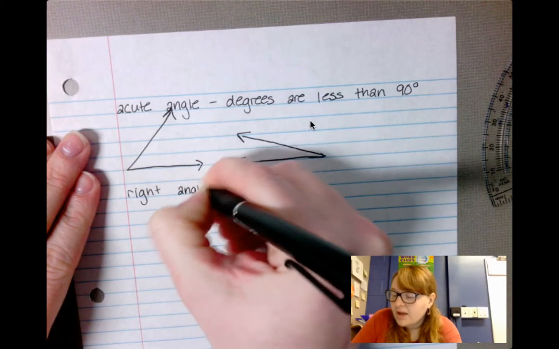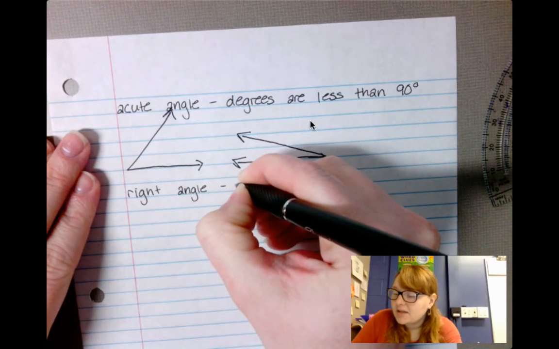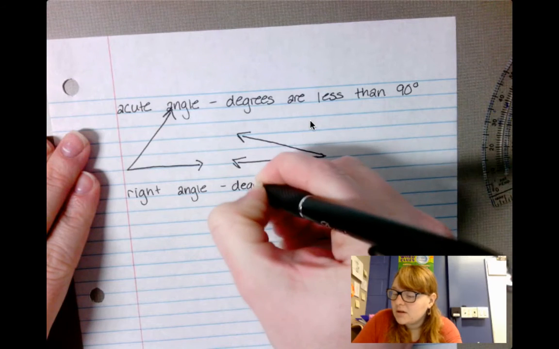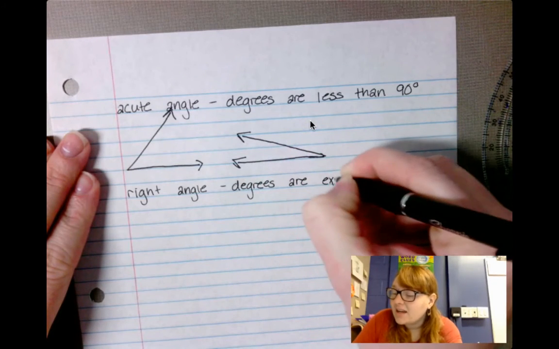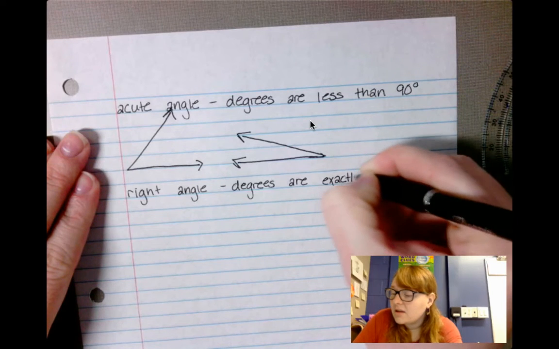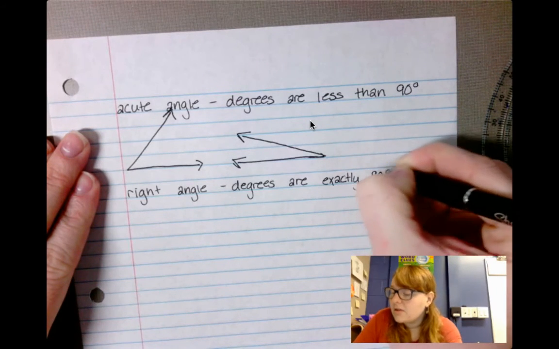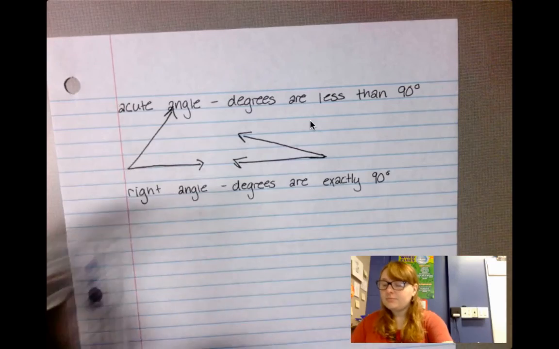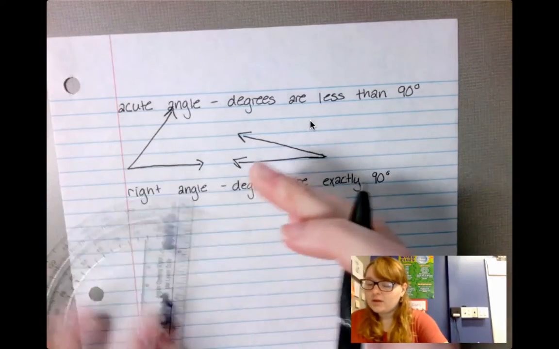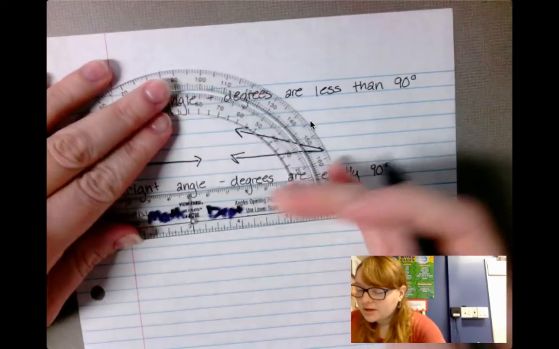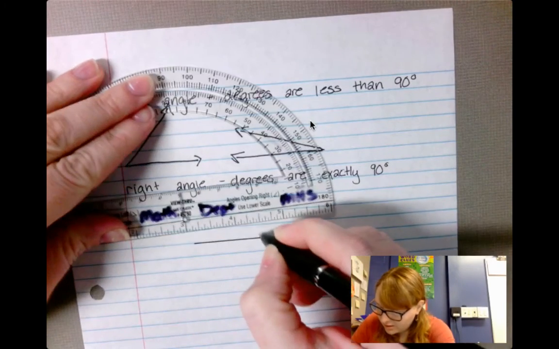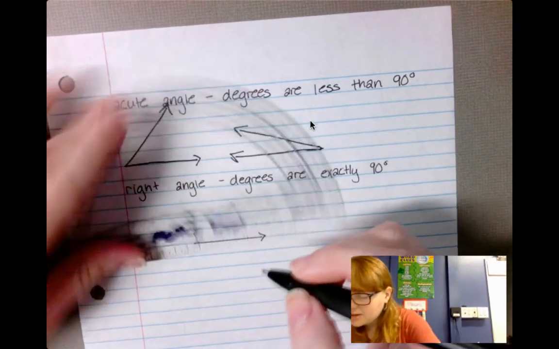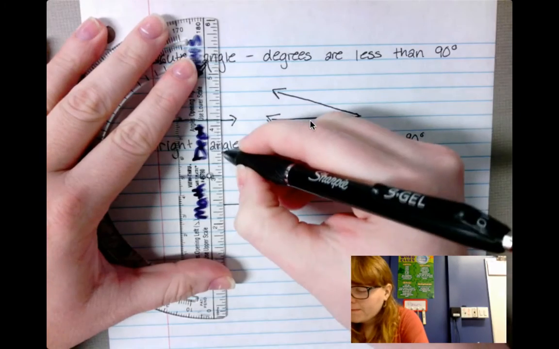And a right angle is exactly 90 degrees. Okay? So I will put the bottom right here and here.